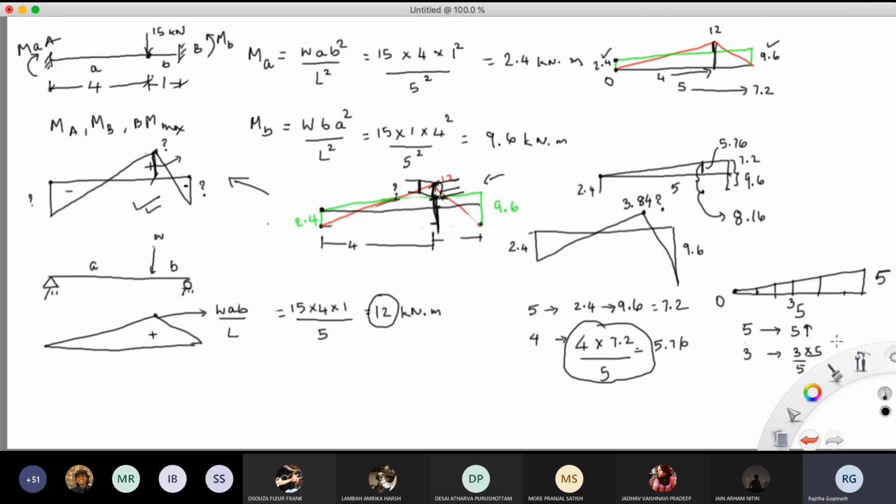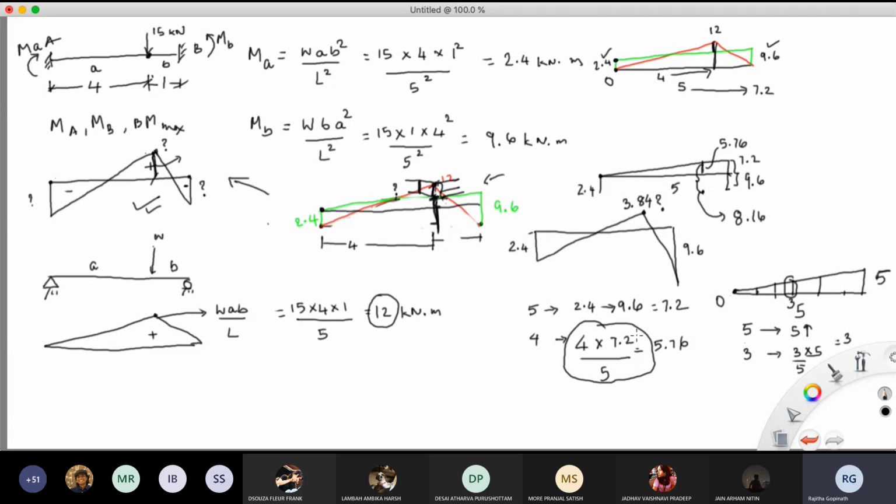So this is going to give me 3 meters. All right, got it? Okay, so this is 3 meters, right? So this is exactly what I am doing now here.